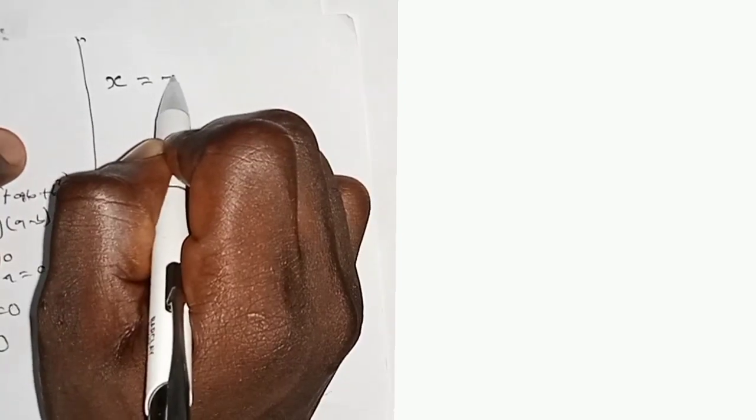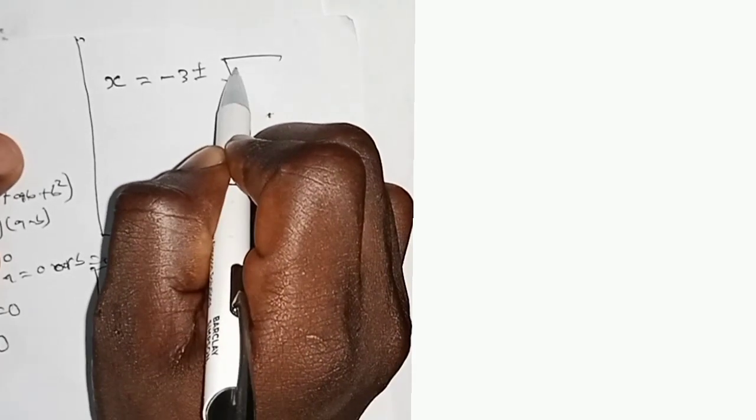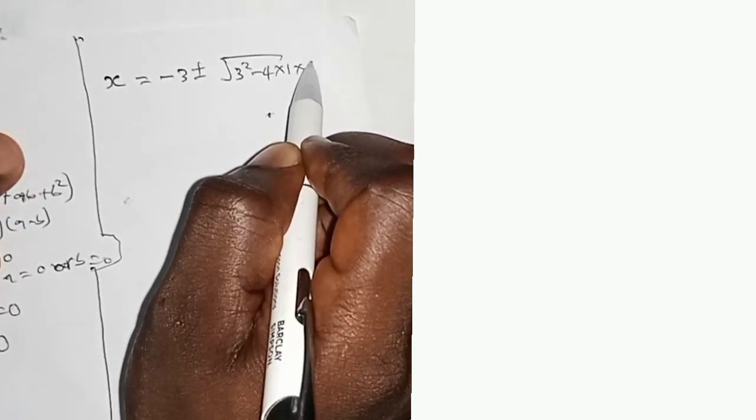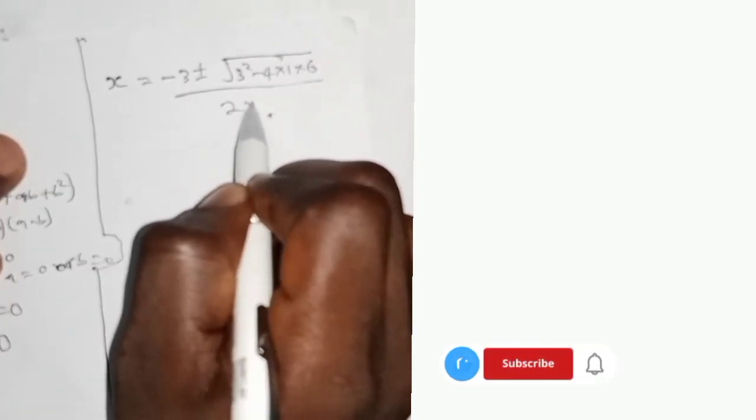So x is equal to minus 3 plus or minus the square root of 3 squared minus 4 times 1 times 6, divided by 2 times 1.